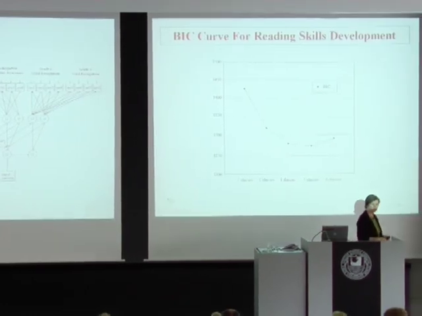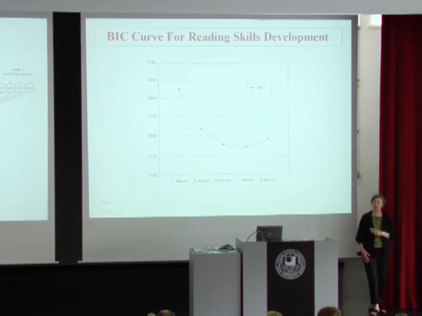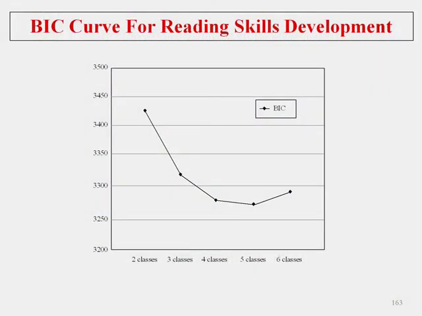Now, here we are using the BIC to determine the number of classes for the model on the left. And you can see that the BIC goes down and hits a minimum at 5 classes. And those are the classes and that's what we decided on, or what Christy decided on.